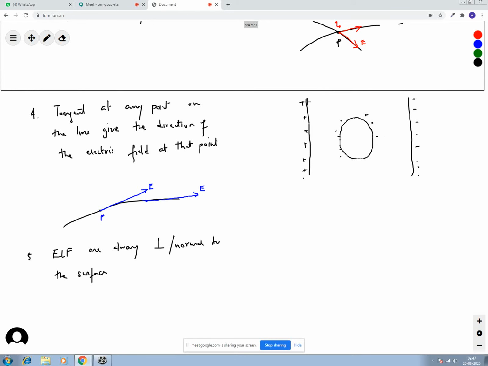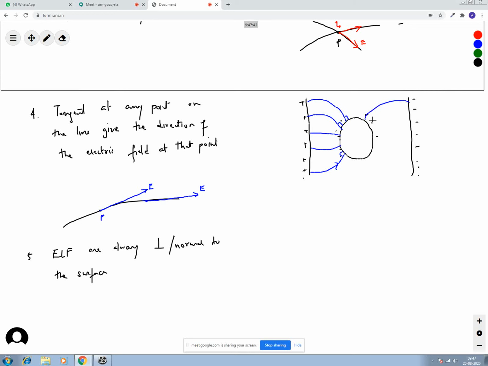The electric field will always be perpendicular to the surface. This is always normal.